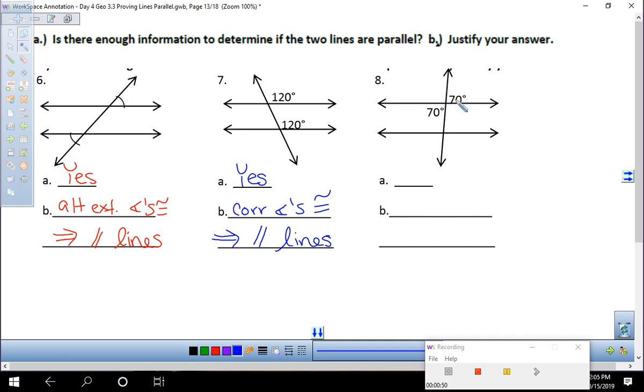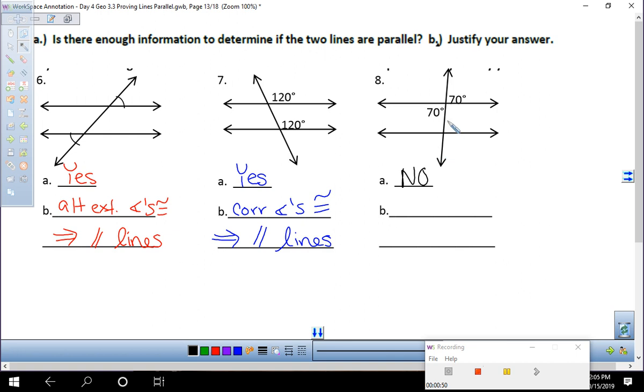So unfortunately vertical angles, it doesn't matter if my lines are parallel or not, they're still going to be the same. They're still going to be congruent. So this problem would actually be a no. That doesn't give me any additional information on if those lines are going to be parallel.